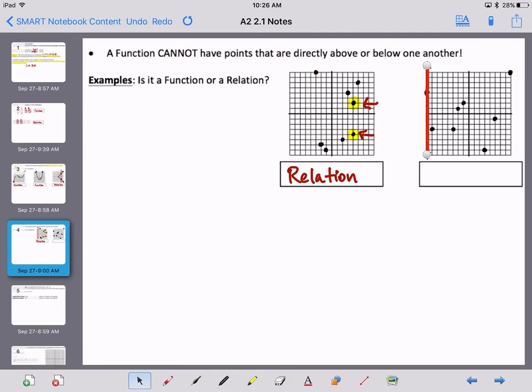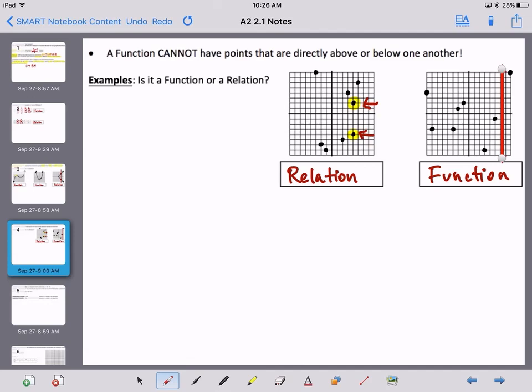We've got 1 point there, 1 point there, and lastly 1 point way up there in the upper right hand side. Notice that only 1 point touched the vertical line anywhere we passed it through, so this second graph is in fact a function. Only 1 point can touch that vertical line in order for a graph to be a function.